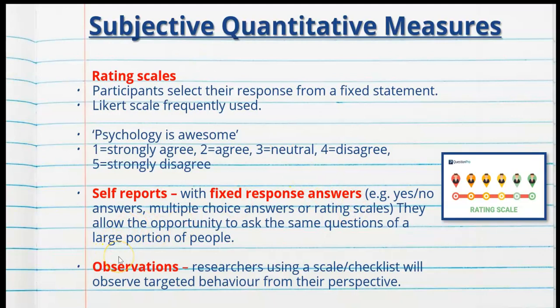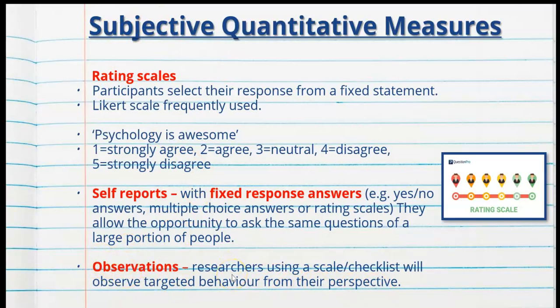Now, to a point, observations can be subjective as well. So behavior counts, what I just talked about, is objective, as we know. Sometimes when we do behavioral observations, there can be some subjectivity involved. So researchers using a scale or a checklist will observe targeted behavior from their own perspective. So the subjectivity comes in from the observer's observations, I should say.